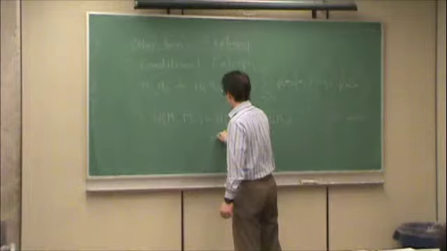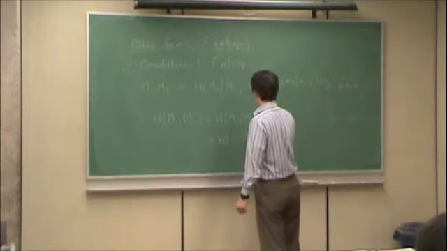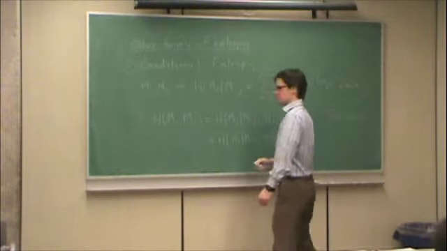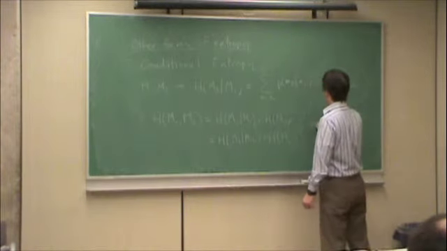And that is the same as the conditional entropy M1 given M2 plus H M2. Again, I'll let you prove that on your own, but this is called the chain rule for entropy.